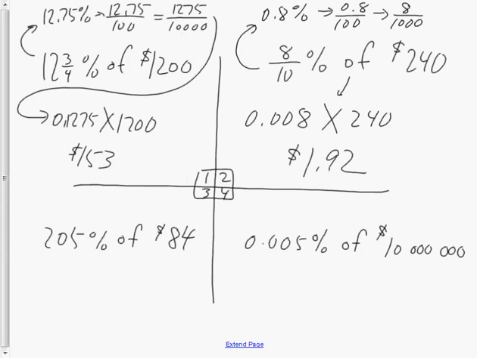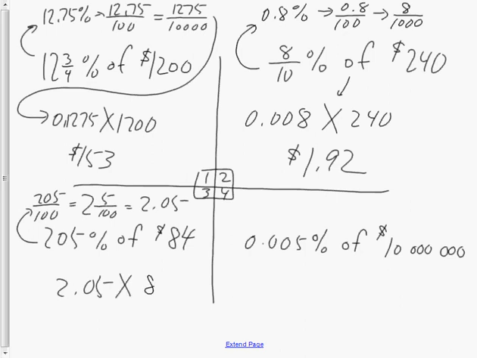Okay. Your next question, 205%, is 205 out of 100, which is 2 5/100ths.